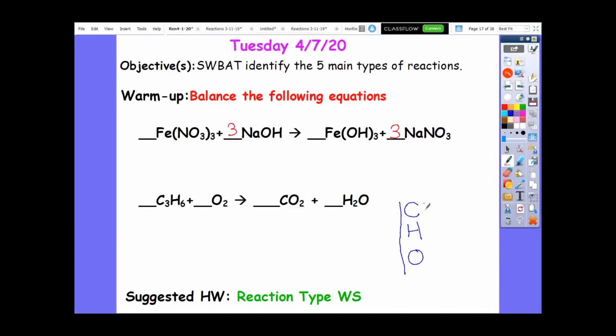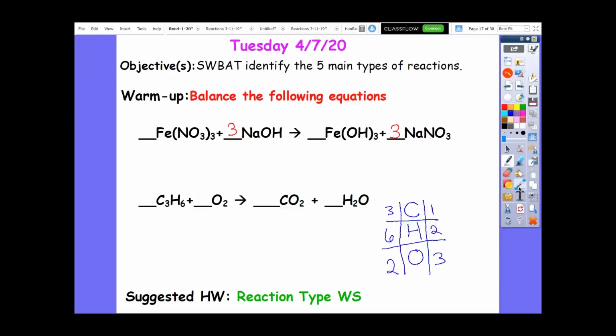It's not my polyatomic ion. Okay, so let's start counting. I've got 3 carbons, I have 6 hydrogens, I have 2 oxygens, and on the other side, I have 1 carbon, 2 hydrogens, and 1, 2, 3 oxygens.